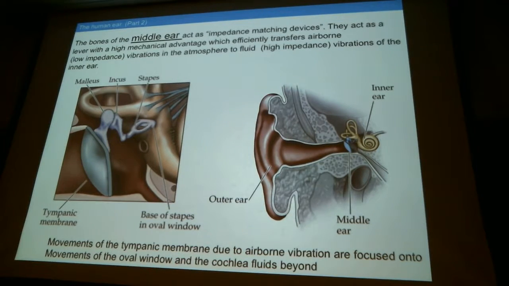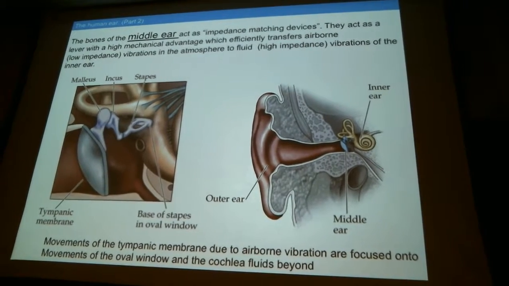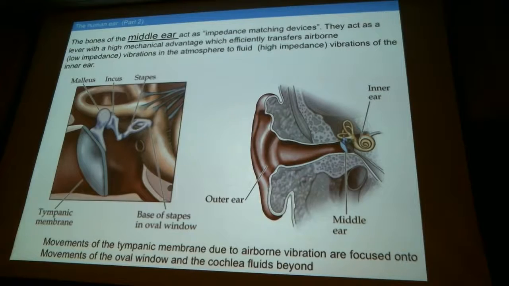There's the pressure in the air, and that has to get translated into pressure within the inner ear, which is a fluid-filled cavity, so it has to match the impedances between those two. It also amplifies. This is probably one of the main reasons that mammals have high frequency hearing, whereas a lot of animals that don't have this sort of three-bone structure are limited to relatively low frequencies.